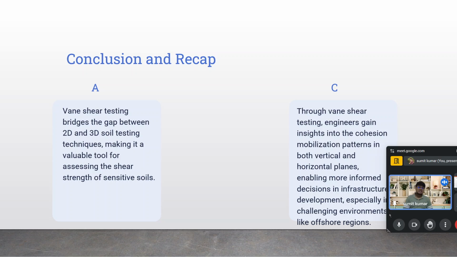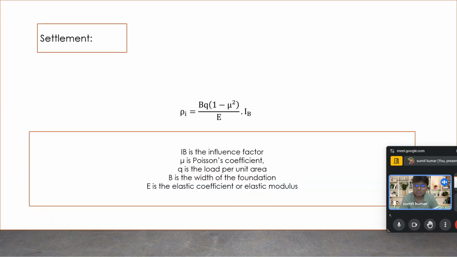Now with the vane shear test, engineers gain insight into the cohesive mobilization pattern in both vertical and horizontal planes, enabling more informed decisions in infrastructure development, especially in challenging environments like the offshore region. After that, we now move to the next factor, that is the settlement.